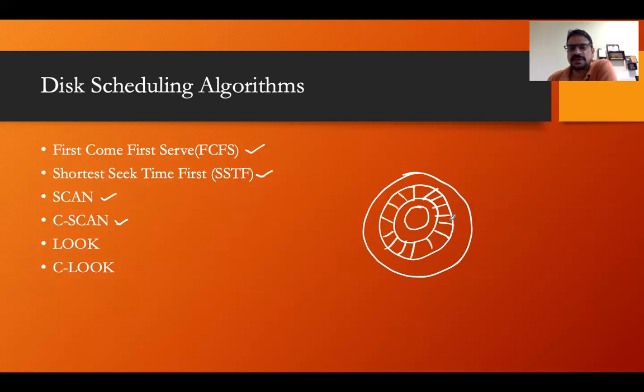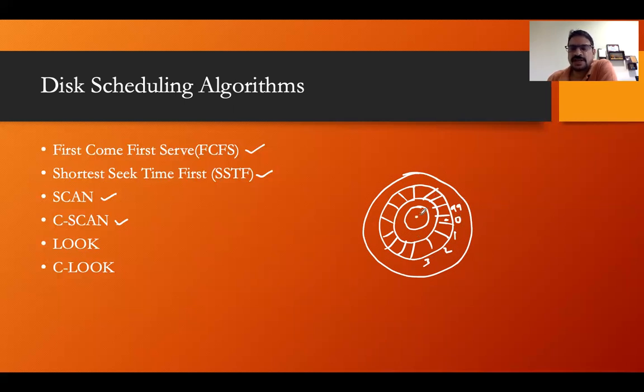The assumption is different. If I am in that particular sector, and this sector is, let's say, 0, this is 1, this is 2, this is 3, in that way. If I'm moving around and reach here, let's say this sector is 99, I'll reach here, and from here I can reach 0 again, right?